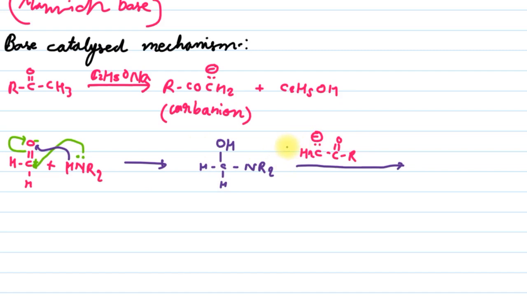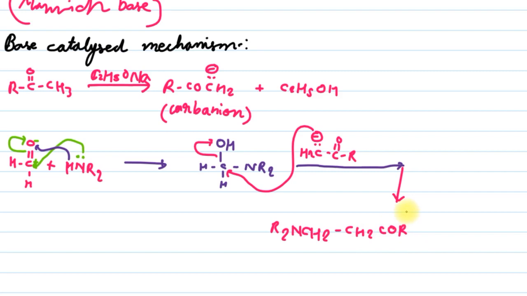In this molecule, the bond moves toward oxygen, then carbon gets positive, and due to this the carbanion attacks the carbon atom and forms R2NCH2 single bond CH2 COR.